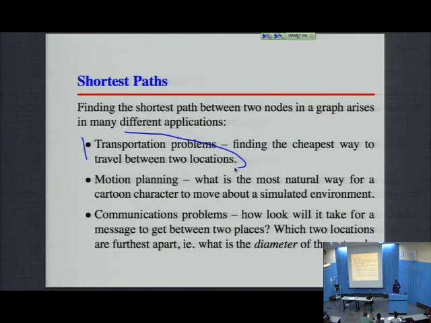And so we're going to be interested in shortest path for a couple of different reasons. One is transportation, and I will say communications problems. When you're routing a packet between one place and someplace in a network, ideally you want it to follow a shortest path, just as when you're driving from here to Poughkeepsie, you want the shortest path. Any questions about it?